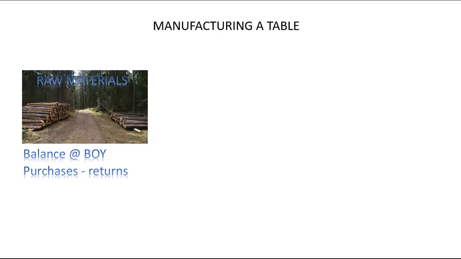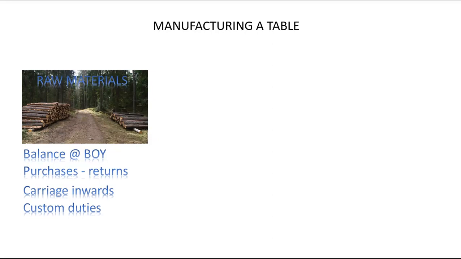You will also add carriage inwards, that is transportation costs that you paid to bring the raw materials to the factory so that manufacturing can take place. If those raw materials were purchased overseas, you will add tax on the cost price, which we refer to as a custom duty.